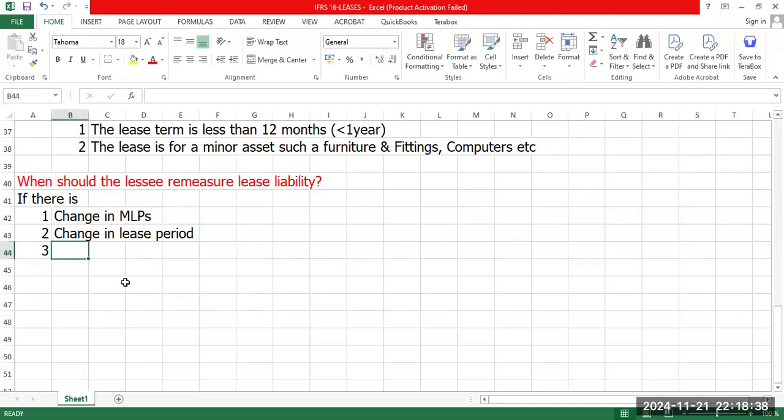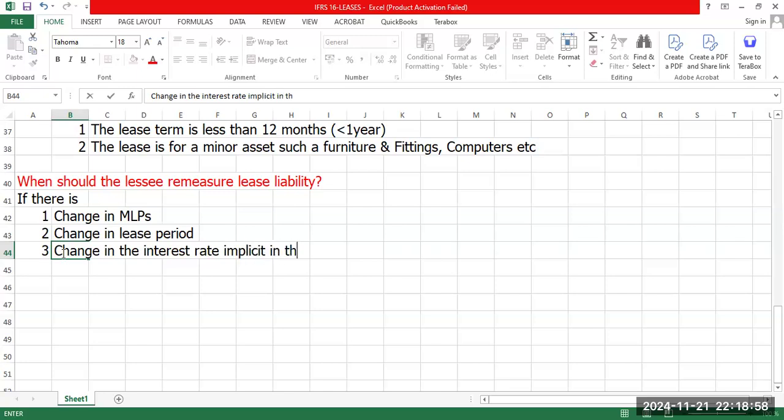Okay, we can remeasure the lease liability if there is a change in the interest rate implicit in the lease.